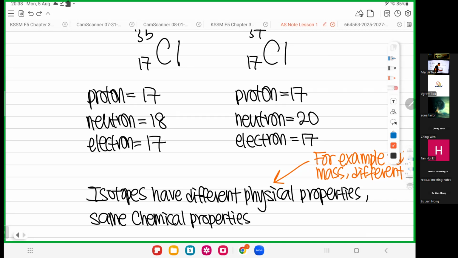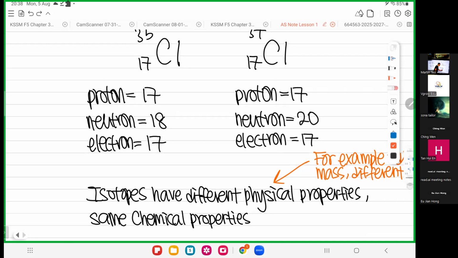Chemical properties focus on reaction. You can combine with what and become what. For example, I can react with water to form something, or I can react with oxygen and form something else. That is called chemical properties. So I really hope you all know the differences between physical and chemical properties.